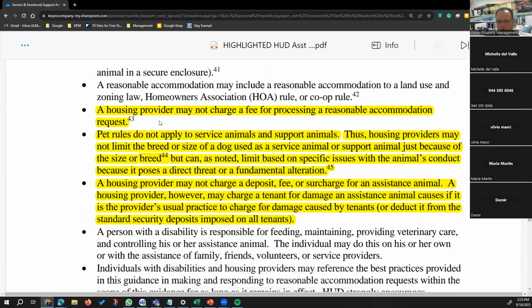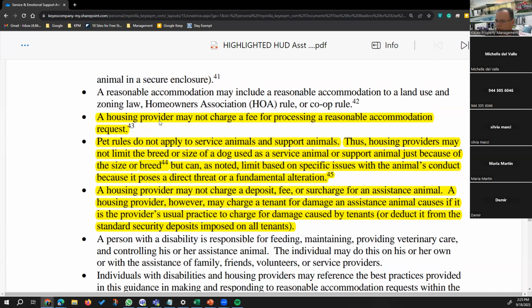And when you encounter an association that says no to an animal or is requiring some kind of pet fee or pet deposit, I love to send this kind of documentation with my highlights because then they're going to read it and then they're going to have doubts. And a majority of associations are not making very good, informed, or legal decisions.